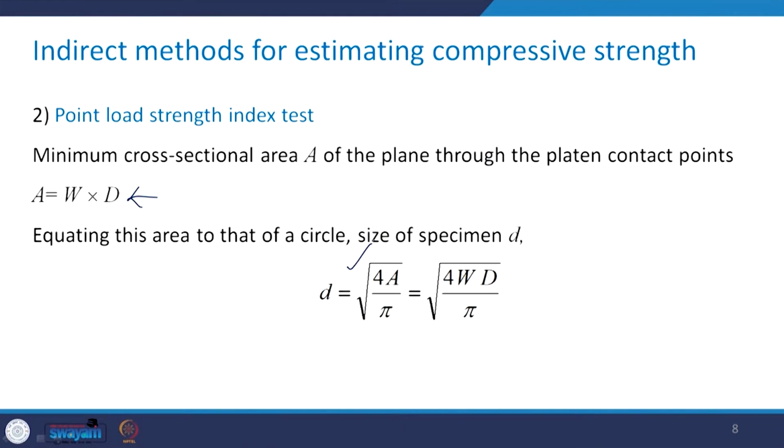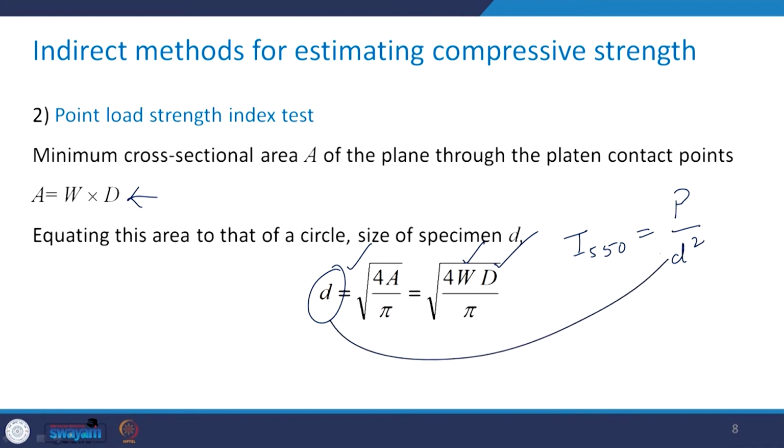So if we have W and D, we should be able to find out the equivalent diameter De, and then we can use the expression IS50 equals P upon D squared, but instead of D you have to use this De. For these special shaped specimens, use this, find out IS50, and then you can get the compressive strength.